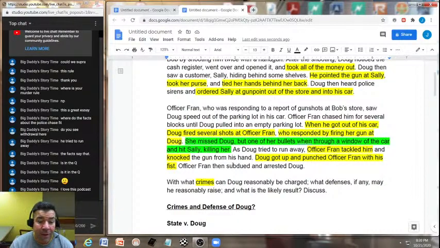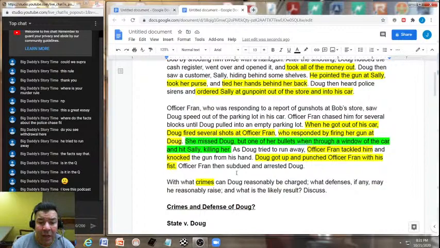Absolutely correct here, because not only did Doug fire shots, and Officer Fran respond to a report of gunshots at Bob's store, but now Doug is firing bullets at Officer Fran. Officer Fran is firing return bullets at Doug, and one of those bullets went through a window of the car and hit Sally, killing Sally.